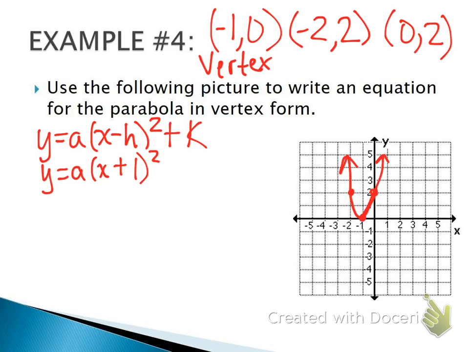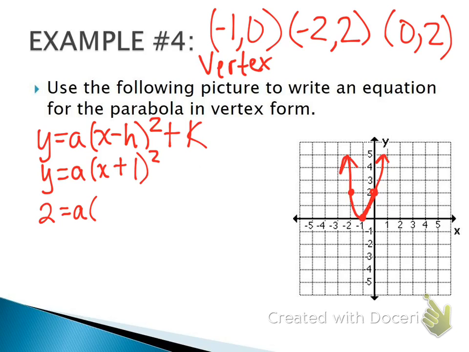What are we still going to need to find? a. So we need to plug in a point. Which point would you like to use? Sure. What's going in for y if we use -2, 2? 2. 2 equals, we don't know a.